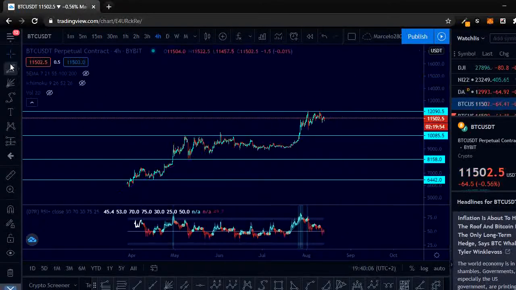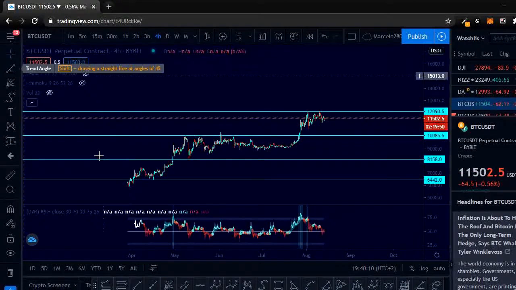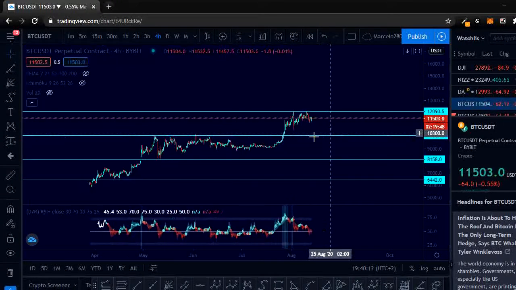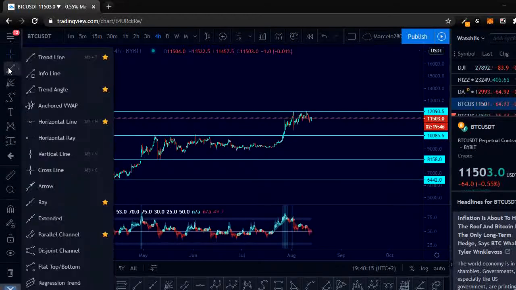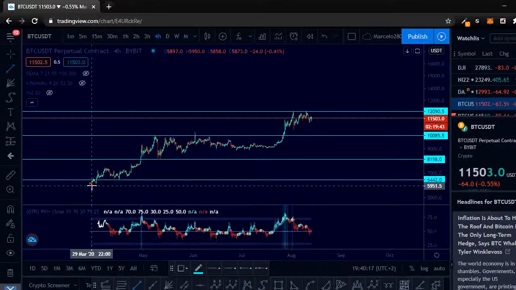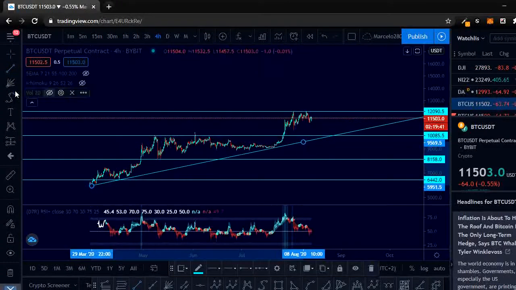So this is just some of the few things I do when I'm trying to read these charts, and it's really basic stuff. It's not like rocket science. It's just basic trend lines and a bunch of Gann things.